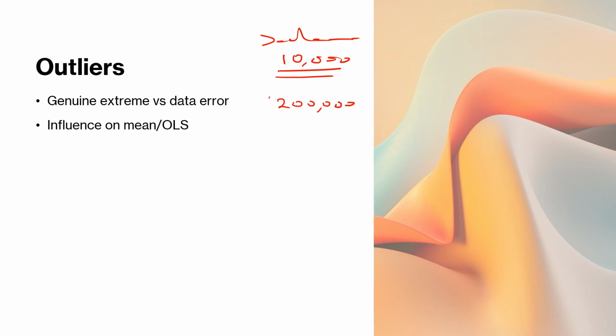Now, it may be a genuine extreme value, that's for sure, but it can also be a mistake. It could happen that somebody has added a zero by mistake in the input process. So we then need to identify why this is like that. If this is just part of a genuine pattern, then there is a transformation that can be applied. But if it is an error, then you correct the error, obviously.